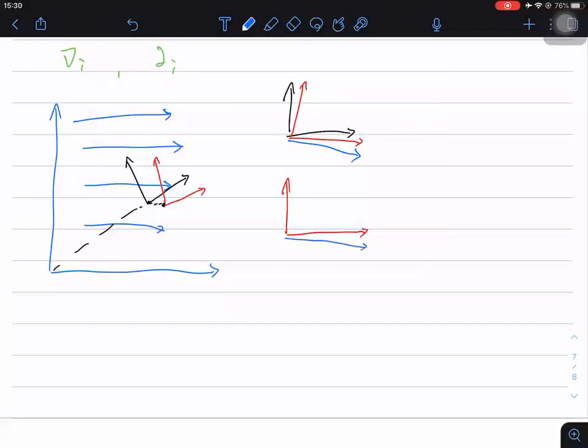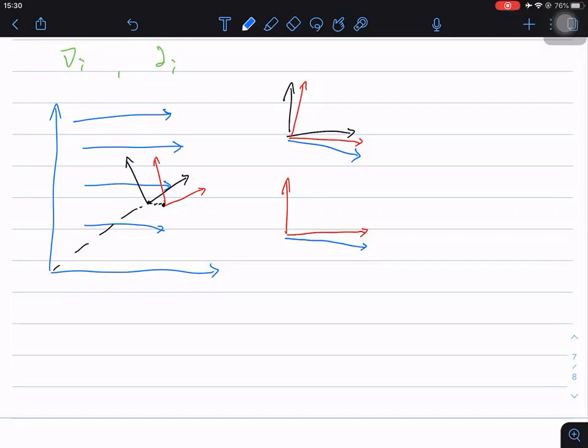And if you consider the derivative of vector component itself, it is non-zero because the vector component in these two coordinate bases are different due to the change in the basis vector.